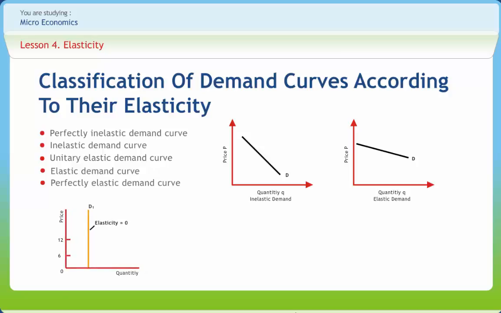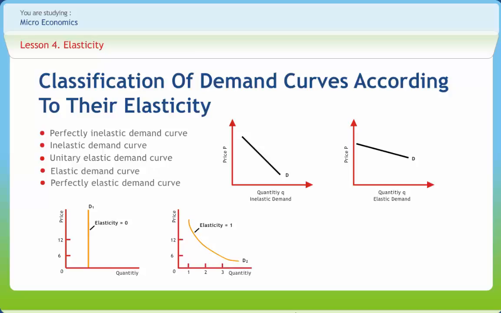If the PED is equal to 1, the good has unit elasticity. The percentage change in quantity demanded is equal to the percentage change in price. Demand changes proportionately to a price change. If the PED is equal to 0, the good is perfectly inelastic.